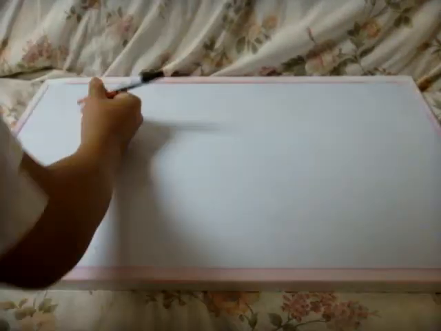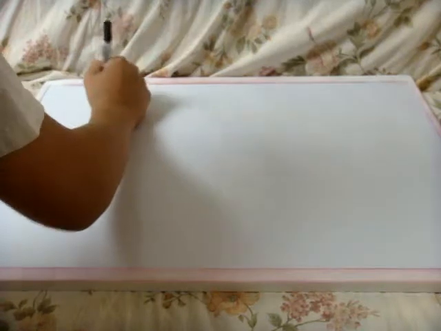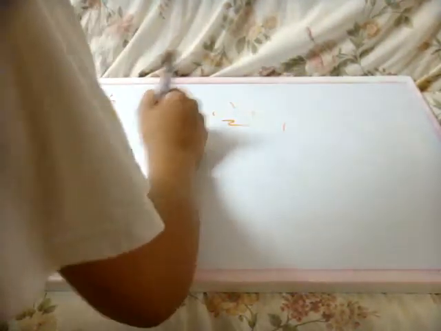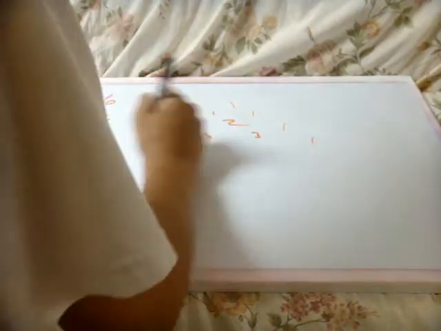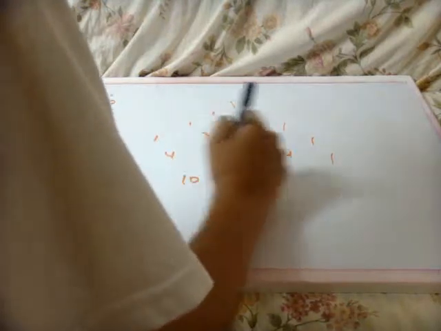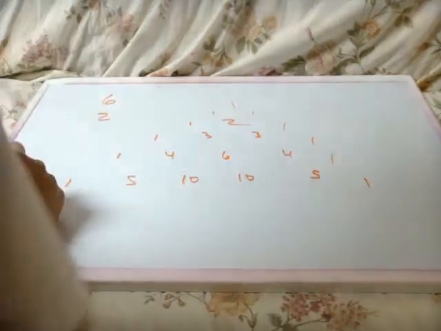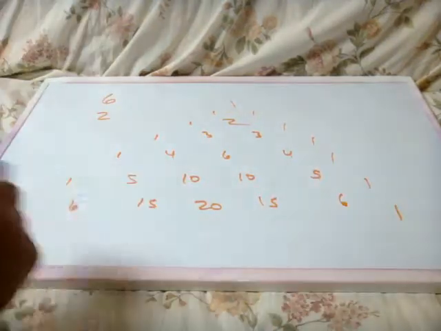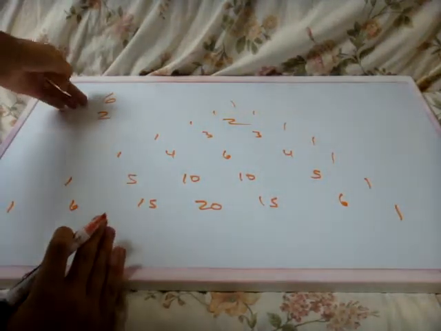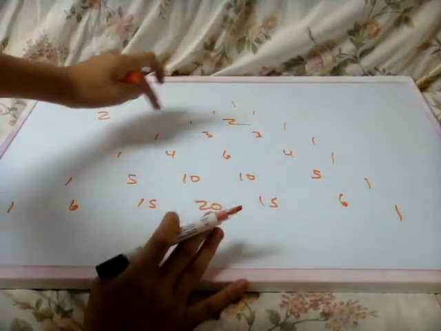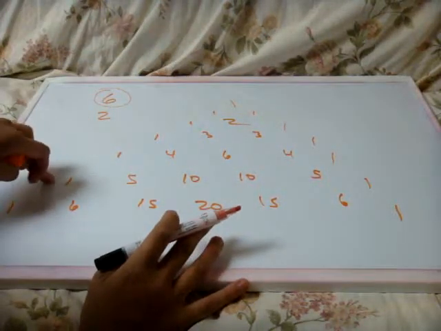I'm just going to write this really quick. 6, choose 2. You write down or draw Pascal's triangle. So you go down to the 6th row because it's 6, choose 2. So we count 1, 2, 3, 4, 5, 6.